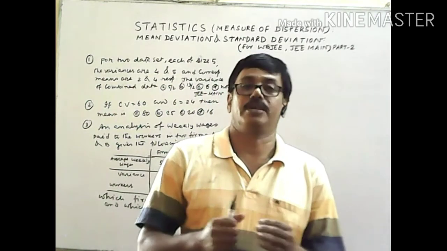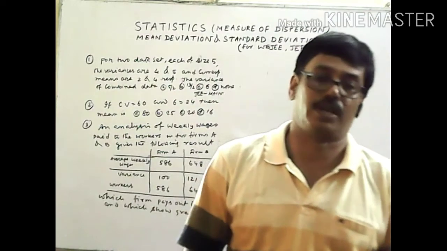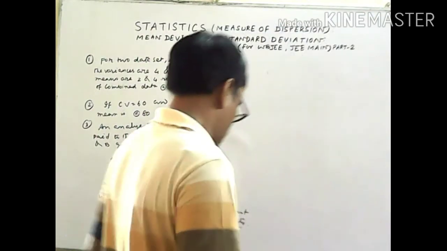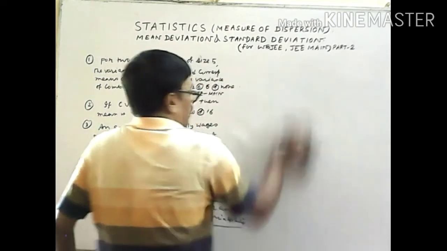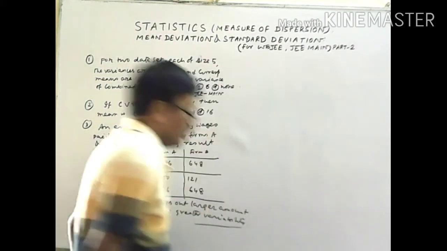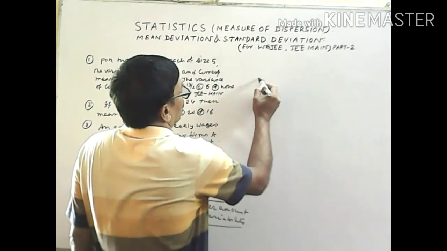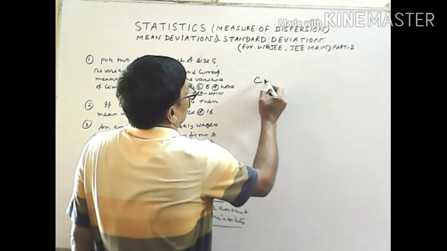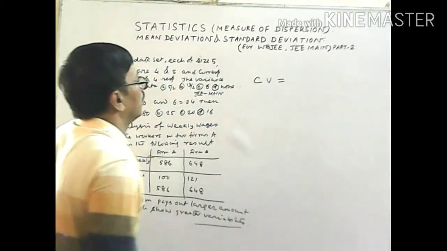So we need an idea of a unitless measure. That is why we define the coefficient of variation, CV.